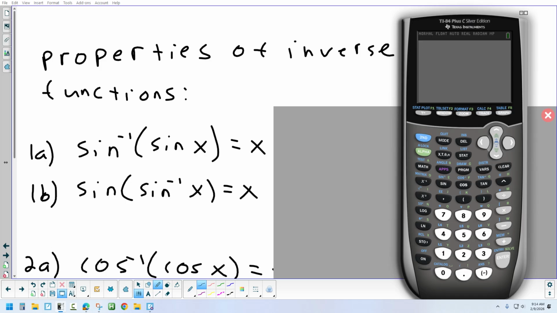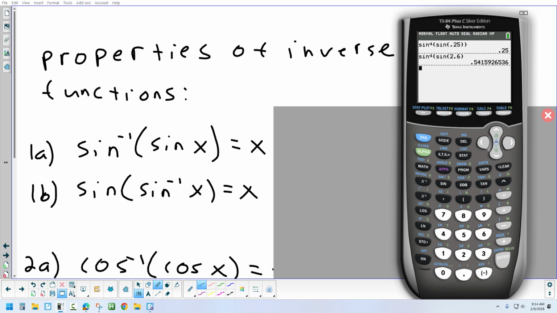Let's try something like the inverse sine of the sine of 0.25. So when I hit enter, what do you think I'll get? Yep, 0.25. And it worked fine. But if I do something like the inverse sine of the sine of, let's say, 2.6, I didn't get back 2.6.